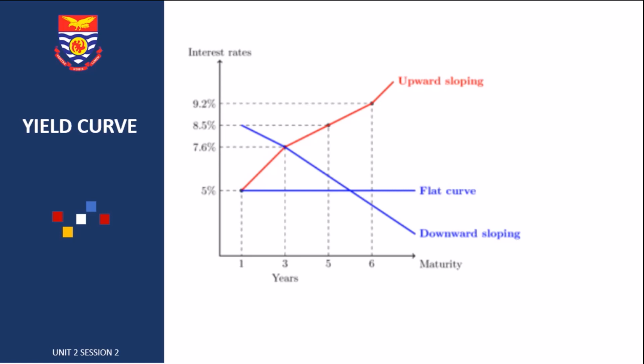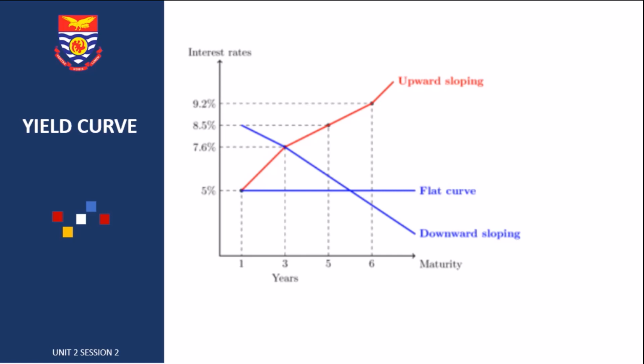And with the downward sloping curve, here we have 3 years, and for 3 years the amount being paid is 7.6, which is relatively lower as compared to the upward sloping curve, which has a longer maturity period as well as a higher rate of default.